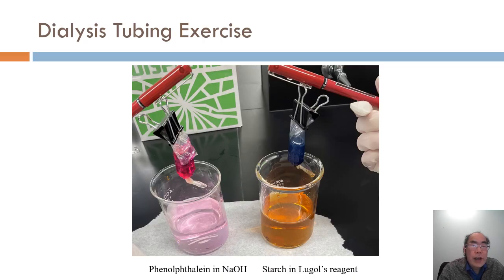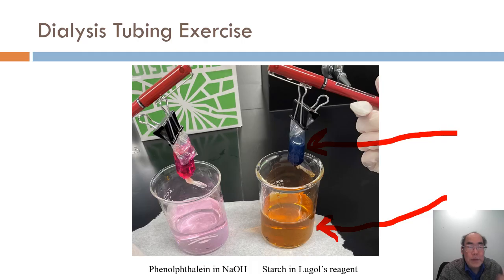So pictured here are the results from students from a previous class of mine. Pictured on the right is a dialysis bag containing a starch solution, and it was placed into a beaker containing Lugol solution, and the contents of the bag turned dark, deep blue, almost black, whereas the contents of the beaker remained this amber color.